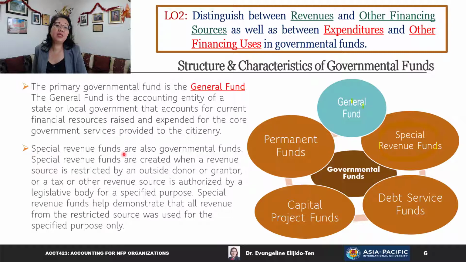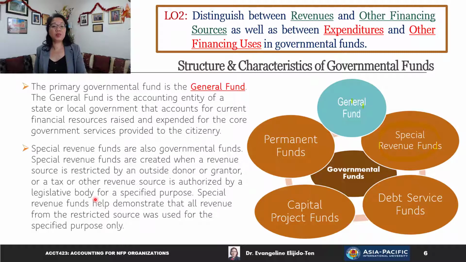Special revenue funds are also governmental funds. Special revenue funds are created when the revenue source restricts the use of the revenue, and that restriction is imposed by the donor or the grantor. Or it could be a tax or other revenue source that is authorized by a legislative body for a specified purpose only.